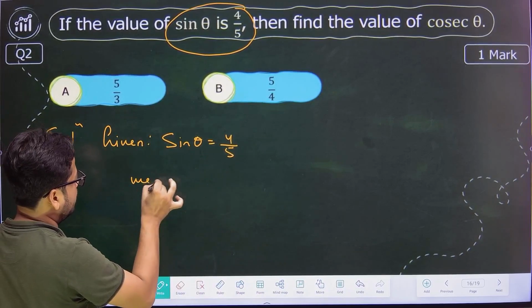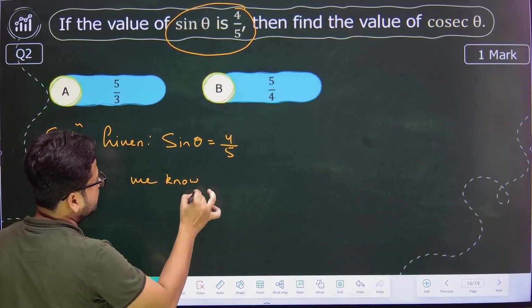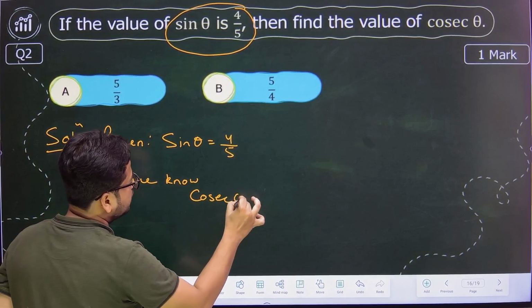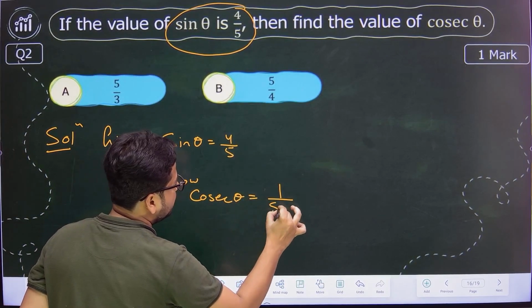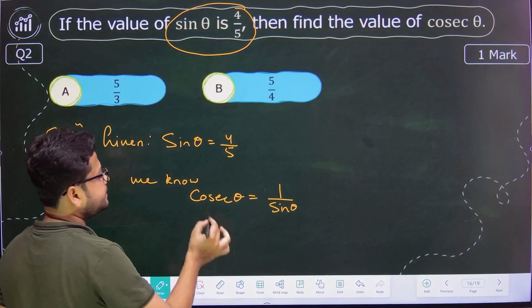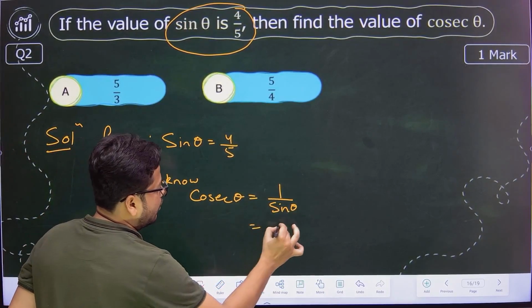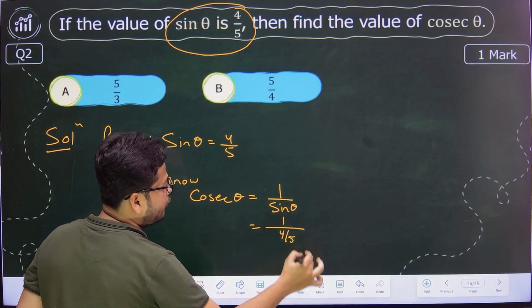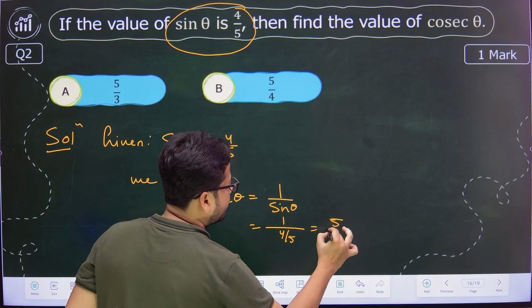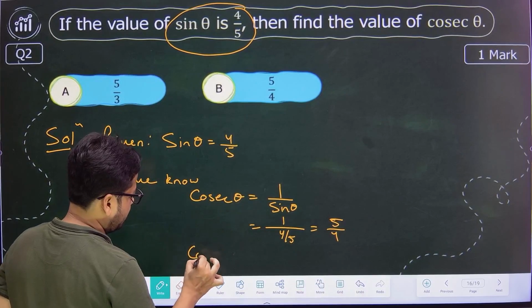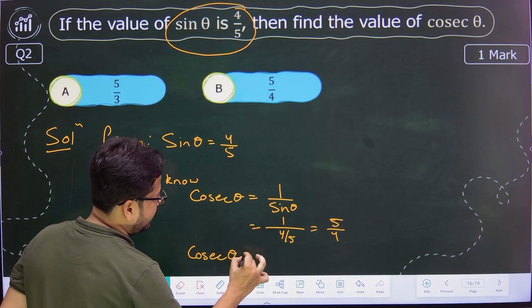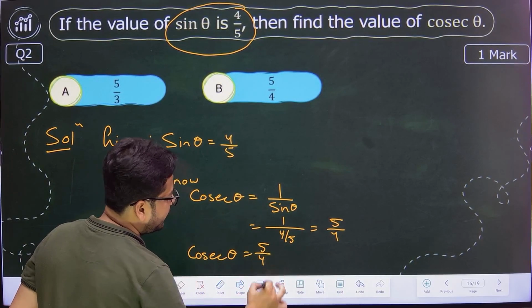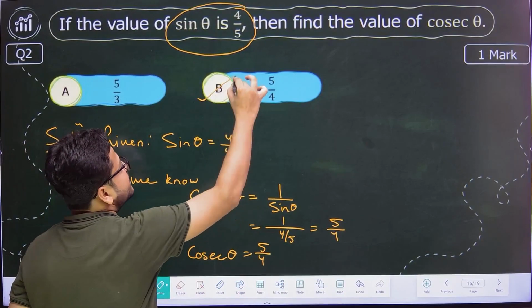So we know cosec theta equal to 1 upon sine theta. Sine theta is 4 by 5. 1 upon 4 by 5 will be 5 by 4. So cosec theta equal to 5 by 4. It means B option is the correct option.